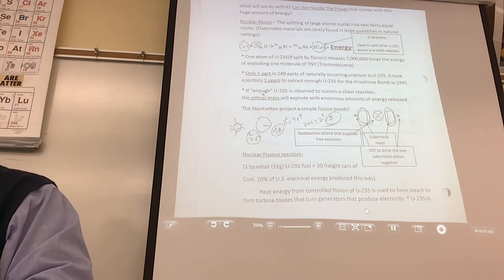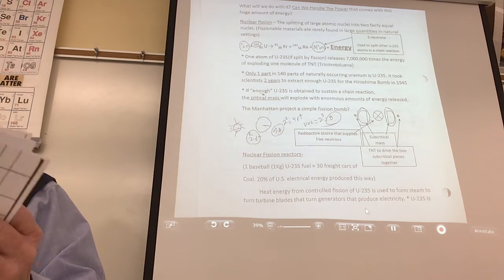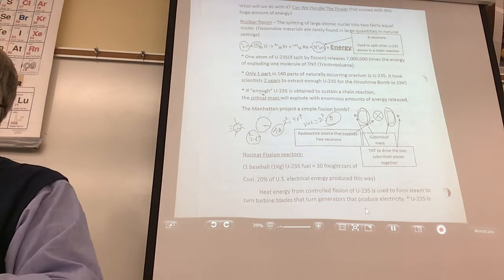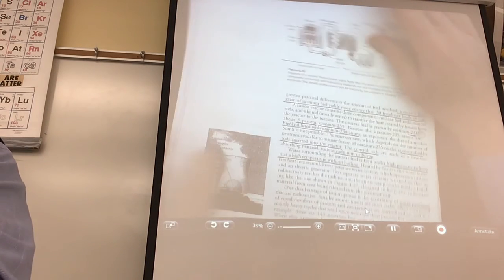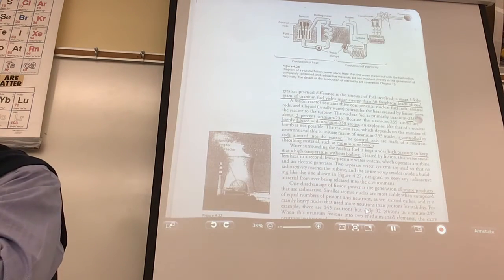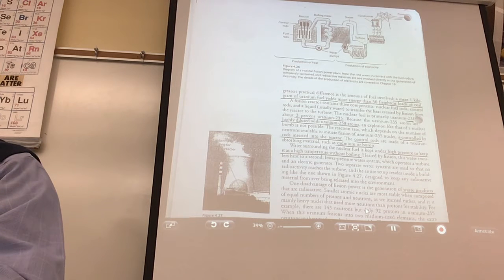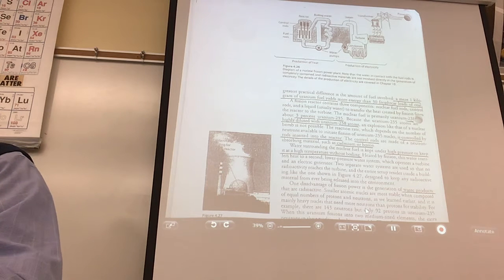EJ, you said you were the expert on nuclear power plants, is that right? Well, no, but the last thing I read is the United States gets around, I don't know, what's the percent of electrical energy produced by nuclear? I'm not sure about America, but I know there are a lot of countries in Europe that use mostly nuclear energy. I think France gets like 70% of its power from it. 70? Okay.